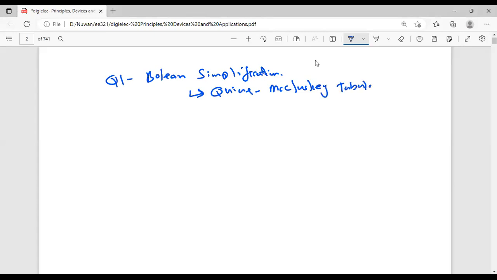I think you can remember this. You no need to use other things, the Boolean algebra or K-maps. You have to use this Quine-McCluskey tabular method to simplify one Boolean expression.